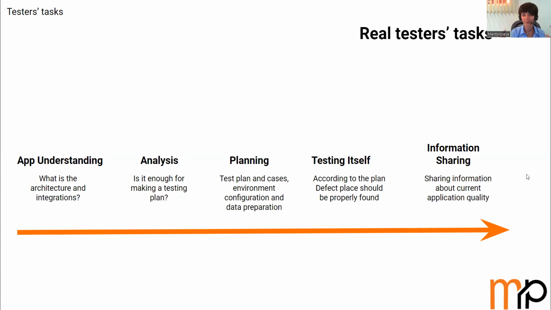What is inside the application? You should collect this information, and then you should analyze whether this information is enough for making a testing plan. I'm not talking about the test plan itself as a document right now. I will talk about the test plan further in the test documentation module. Now I'm talking about the plan of how you will be testing, and whether the information is enough for it.